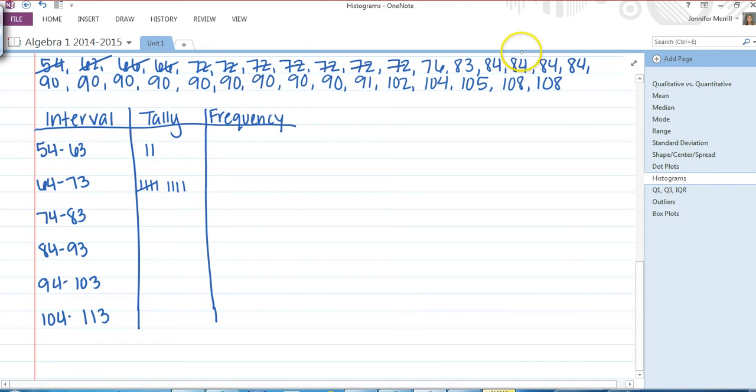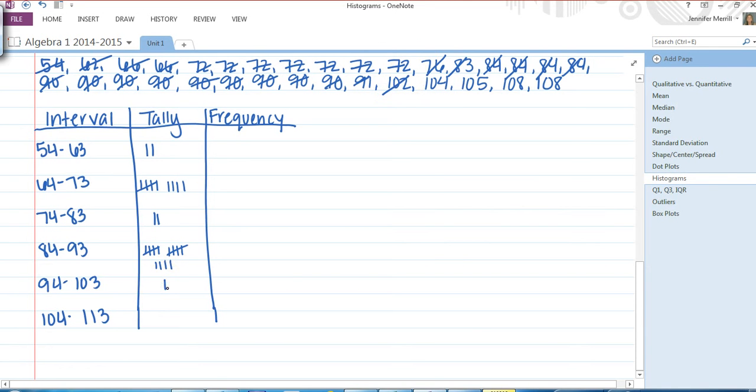Then I'm going to look at 74 to 83, and I end up with 2. 84 to 93, 1, 2, 3, 4, 5, 6, 7, 8, 9, 10, 11, 12, 13, 14. 94 to 103 is just going to be 1.